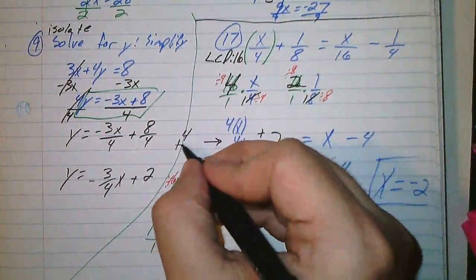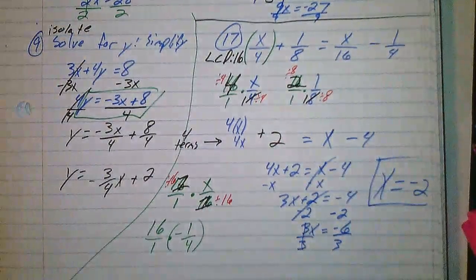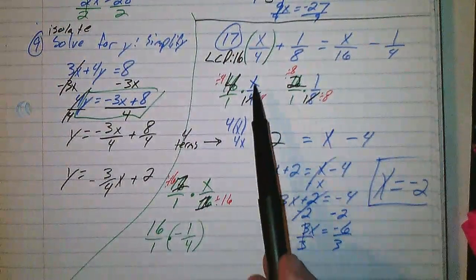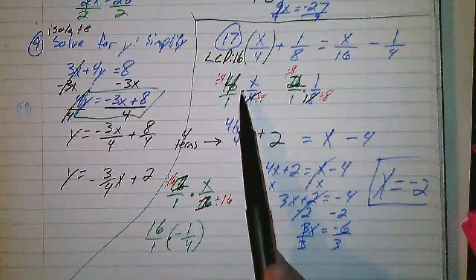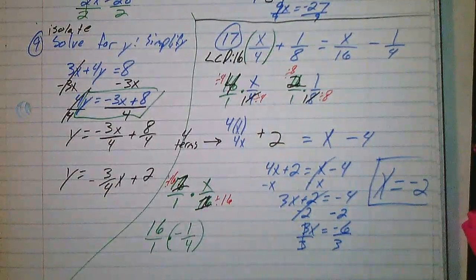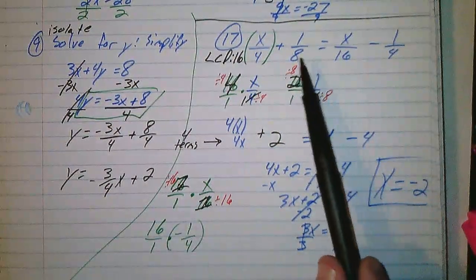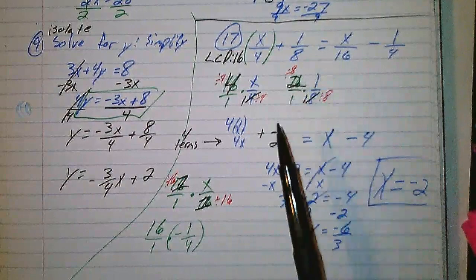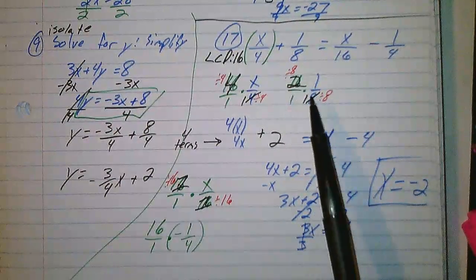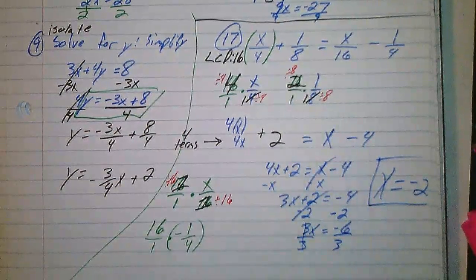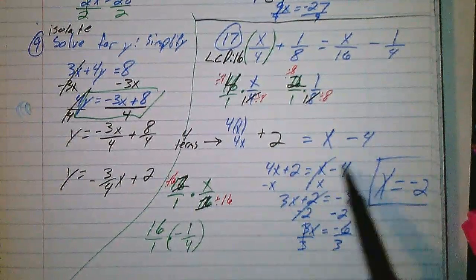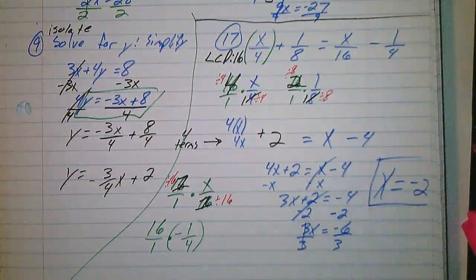This is where our 4 terms. You have to work out each term individually as you multiply it by 16. If there's no variable, you can just put it in the calculator. 16 times 1 over 8, and you would get 2. And then just solve the equation.